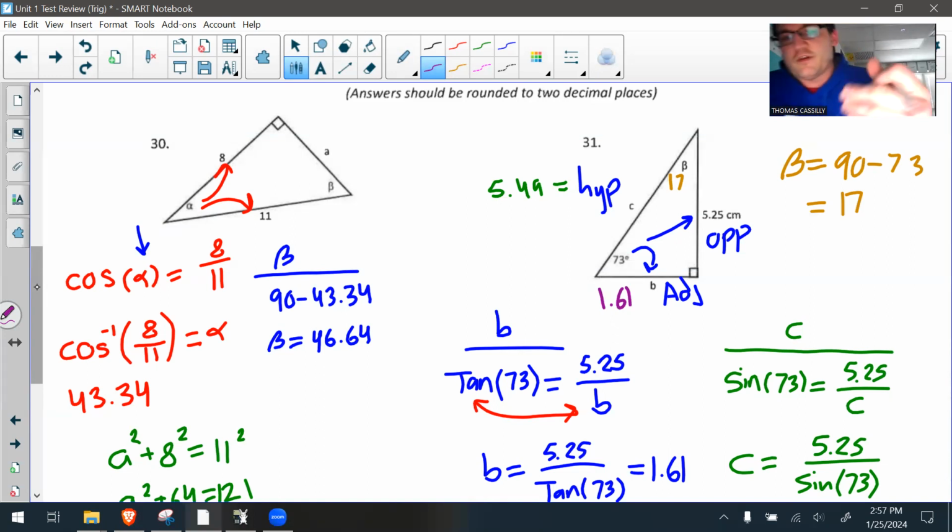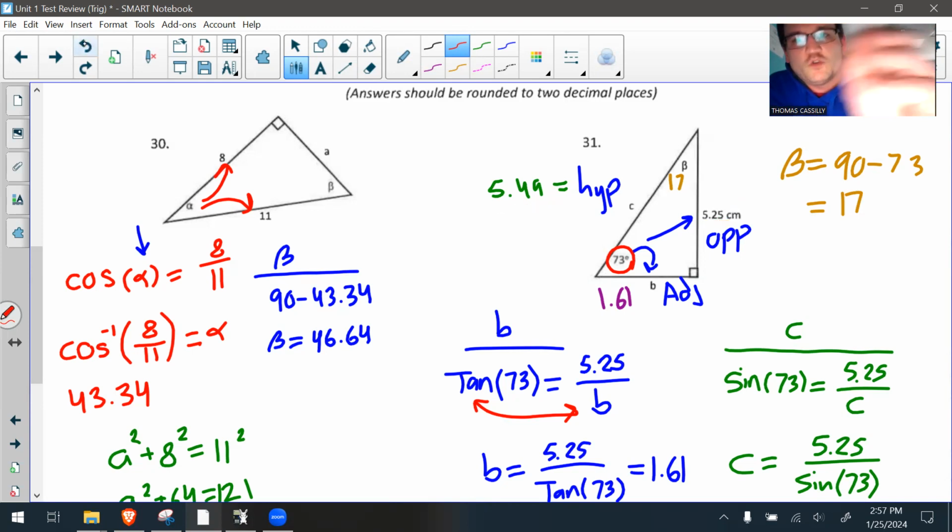So let's think about this. The 73-degree angle right here is not that much smaller than 90 degrees. So if you compare the side lengths, 5.49 is not that much bigger than 5.25, right? The closer the angles are in size, the closer those side lengths are going to be.